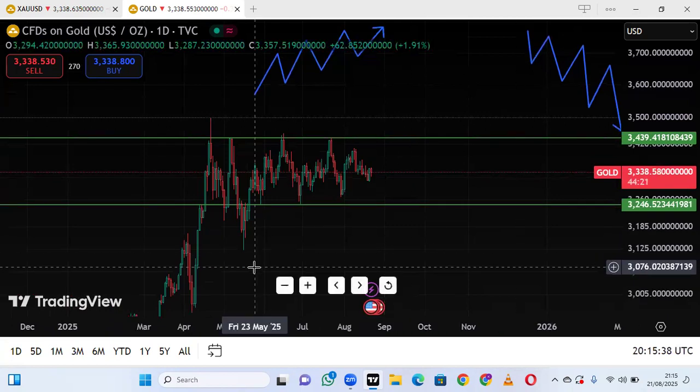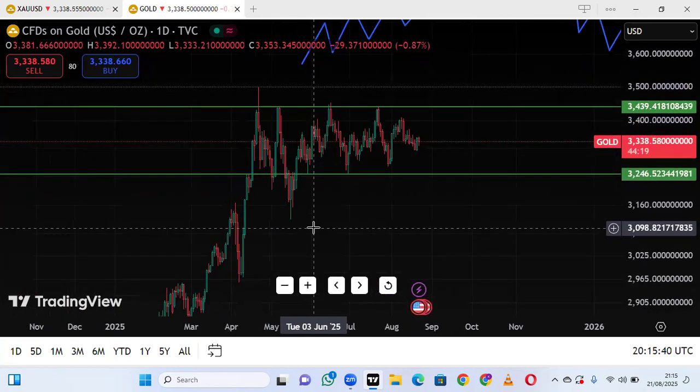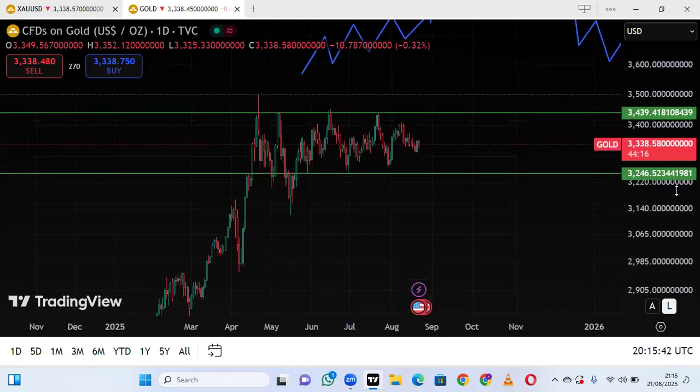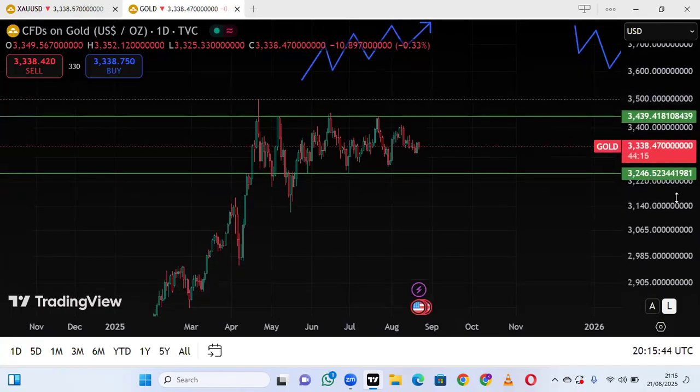So if you look at this chart here, I explained something similar in the BTC chart, which was break of structure and also order block. Today's class is almost similar, but not the same.